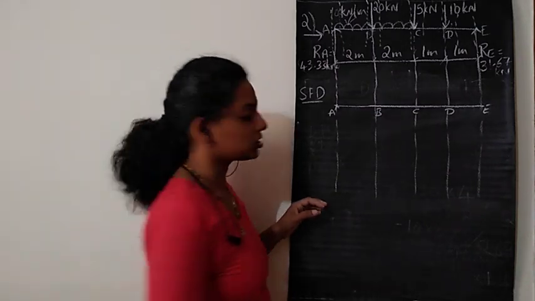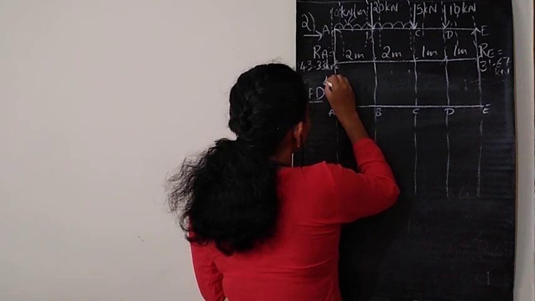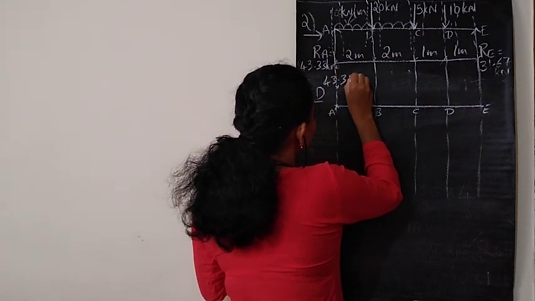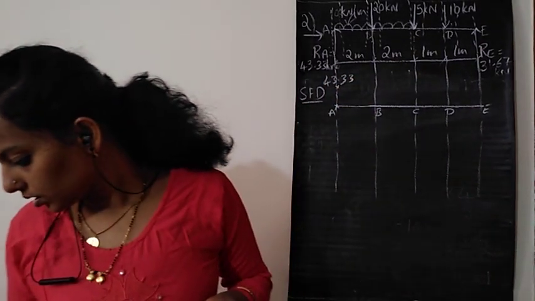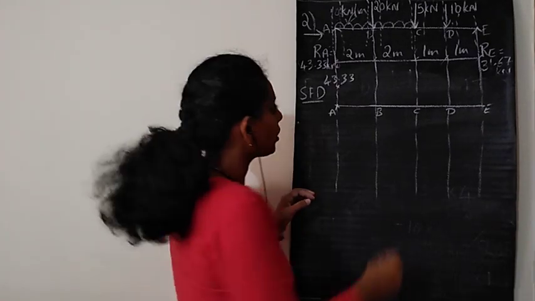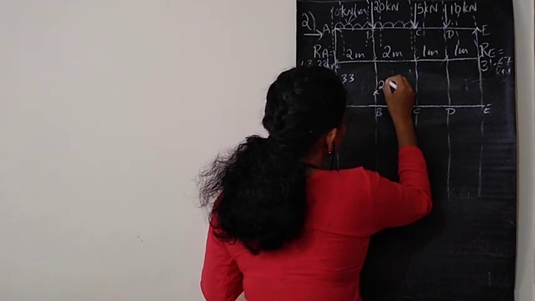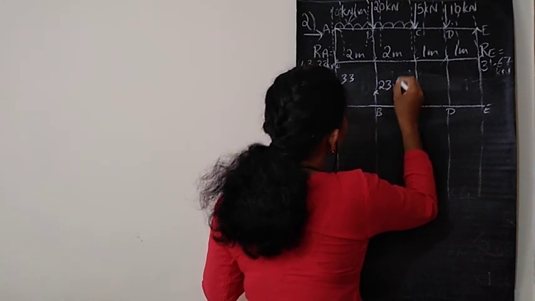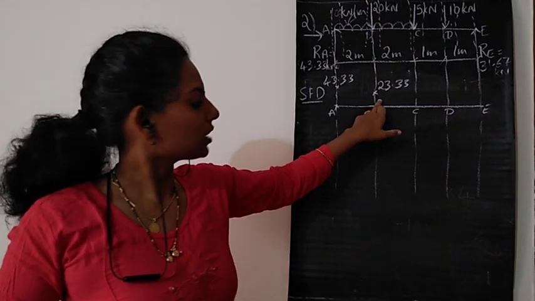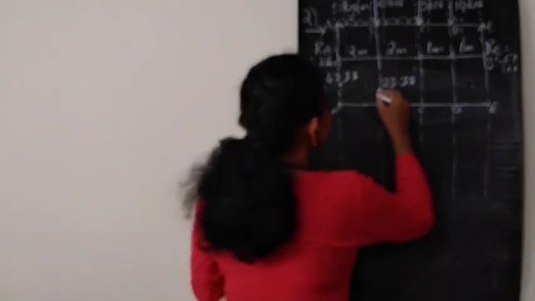Right of A is 43.33. Somewhere here. Okay. Next, left of B is 23.33. Again, right of B 3.33.